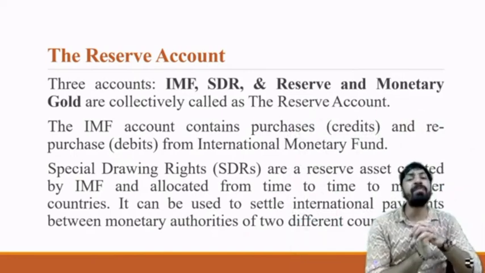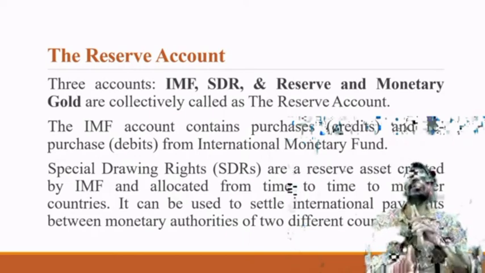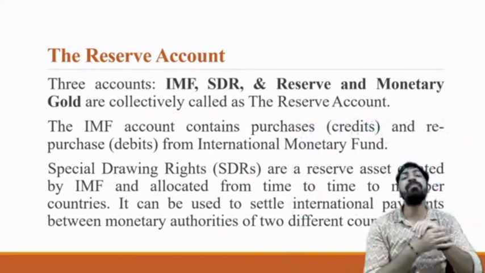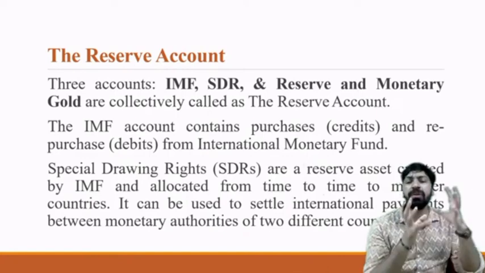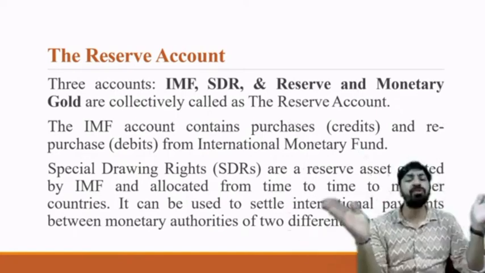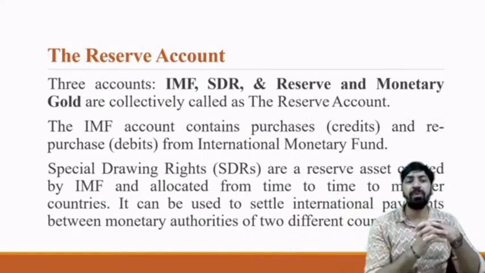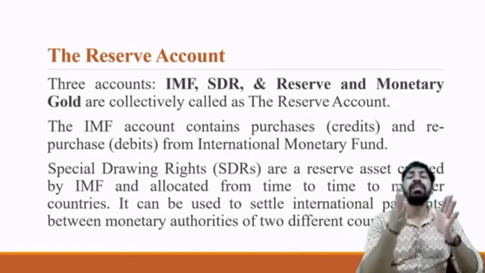The second one is special drawing rights. And the third one is reserves and monetary gold, where gold has been exported or imported from different countries. That's called reserves and monetary gold. So now we come up with these three terms.